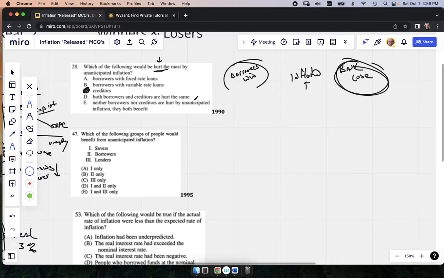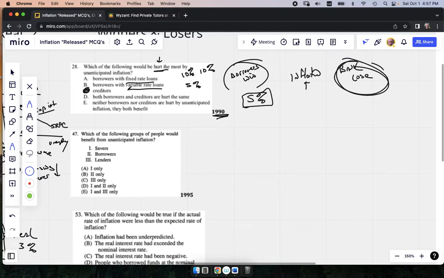Now, they've thrown something else in, and this is a whole question, but most of the time we're always thinking of a fixed rate loan. A fixed rate loan implies that I loan you money at 5%. It can't change. You are going to pay me back 5%, and that's it. You're done. A variable rate loan would be that if I loaned you money at 5% and the price level went up to 10%, your loan changes too, and now you owe me 10% on that loan.